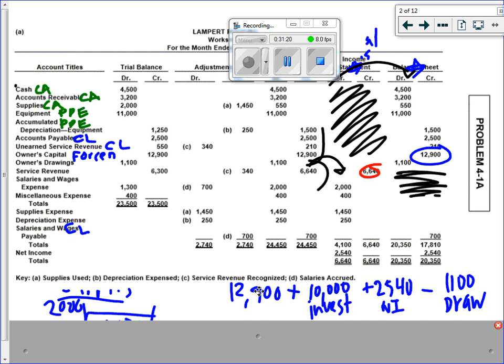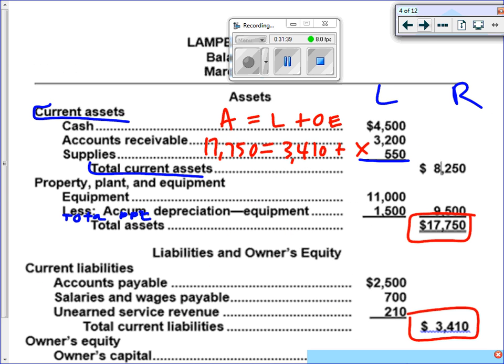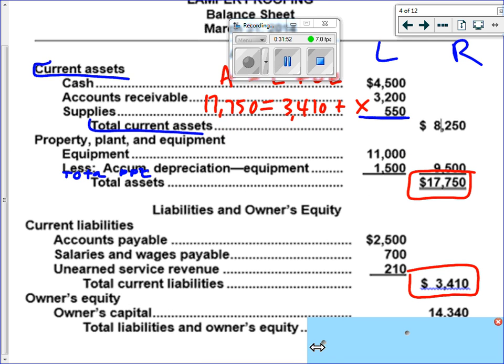That should be the number. That's why they wanted us to do the owner's equity statement. We don't need that. We can do it just by looking at these numbers. $14,340. Of course, you do need to get to the 17,750.